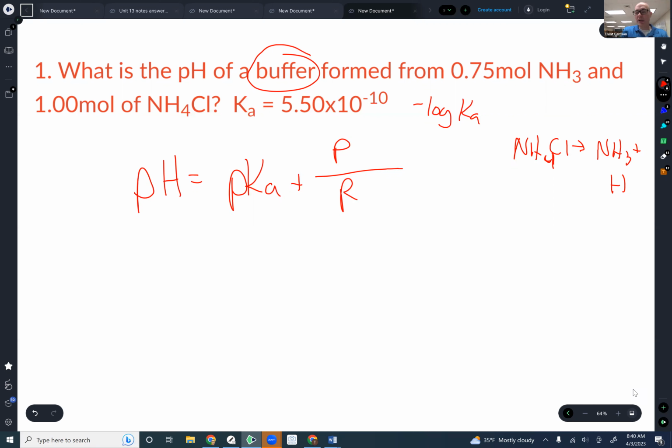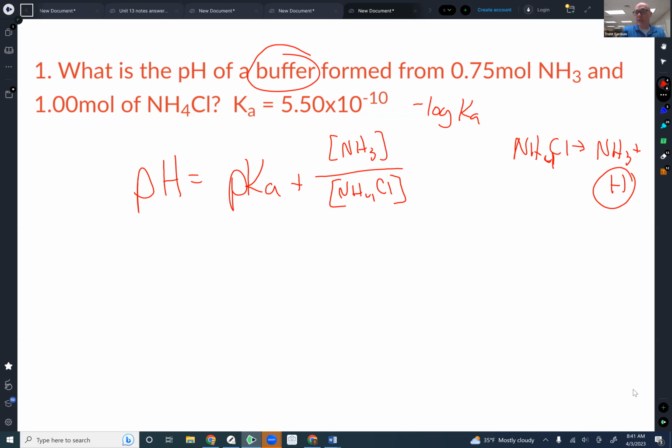So the product is going to end up being this NH3 on top, what its concentration is, and the reactant is going to be the stuff on bottom, the NH4Cl, because we're looking for the material that has an extra H. That's the reactant side. The product side is going to be the side that would lose one of those H's.